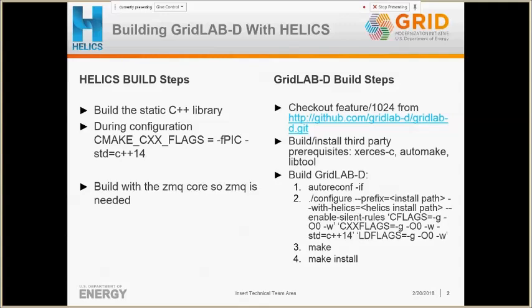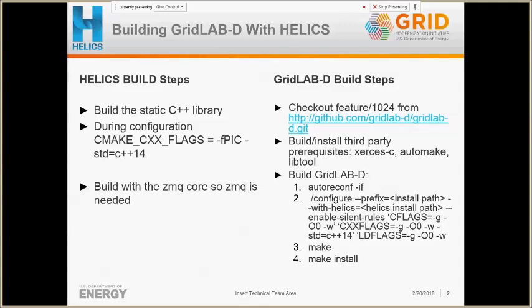Once you have everything checked out, and of course you've built Helix, we can go through this. This is the standard build process for GridLAB-D on Linux systems. So this is autoreconf -isf. Then there's the configure step, and I apologize for this long, dirty line, but this is all the things that are necessary in order for building with Helix. If you are installing to the system, you don't really need that prefix line.